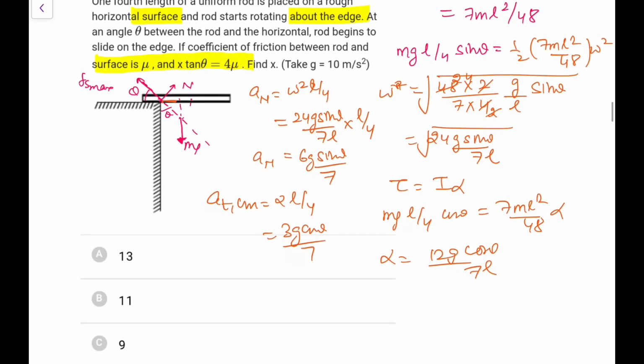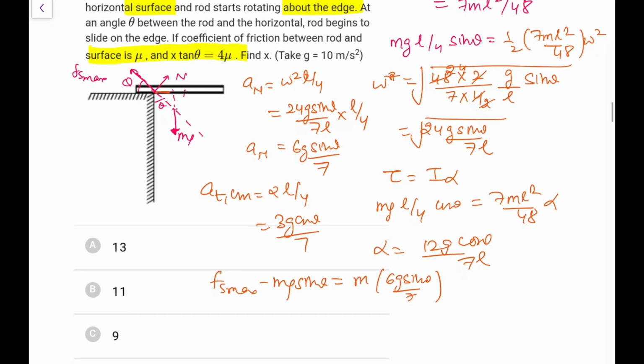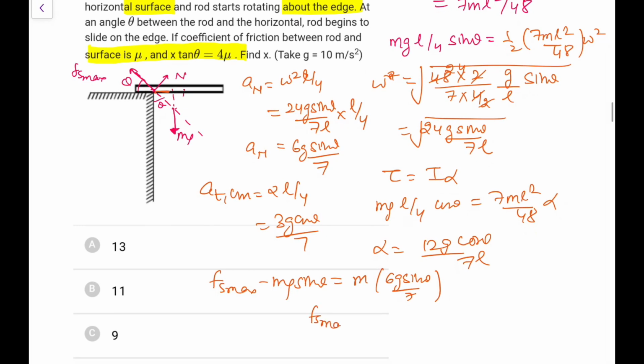Okay, next. Towards the center, the force we will be having is Fs max, and the mg component is mg sin theta. That is m into A normal, which is 6g sin theta by 7. So what we have, this is Fs max. What it comes out as, Fs max comes out as, this was 6 by 7 and this is 1, so it is 13 mg sin theta by 7. This is the first equation.